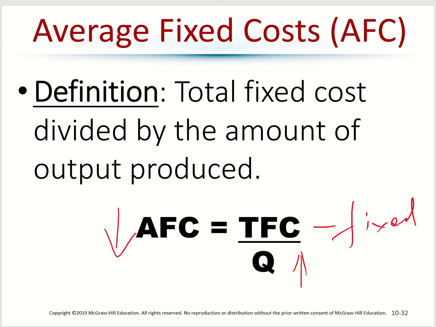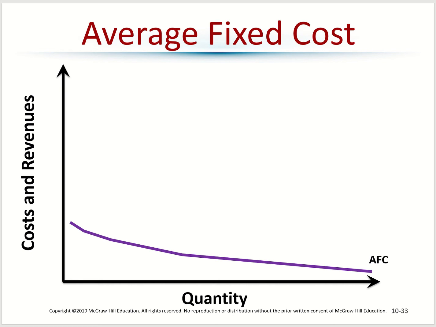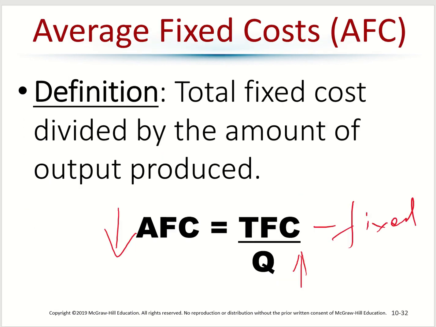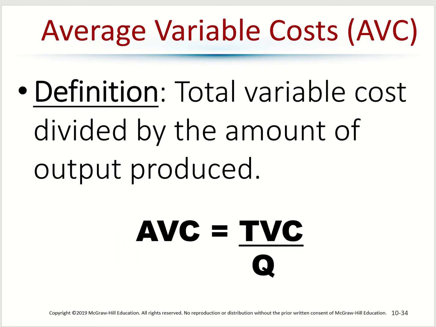So if you graph your average fixed cost, it just goes down constantly. It will never get to zero, but it will always hover above zero. So again, your average fixed cost is your total fixed cost divided by quantity. And then your average variable cost, that's your total variable cost over quantity. Every time you hear the word average, just take the total divided by quantity, that's your average.